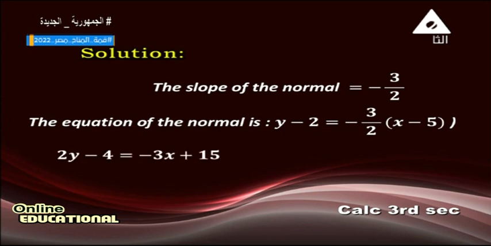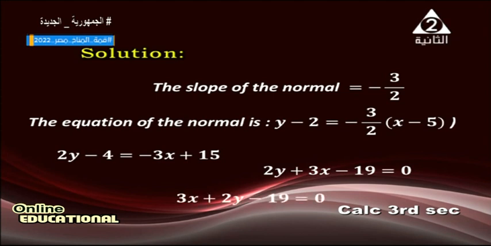Then 2y minus 4 equals negative 3x plus 15, and 2y plus 3x minus 19 equals 0. Then the equation of the normal is 3x plus 2y minus 19 equals 0.